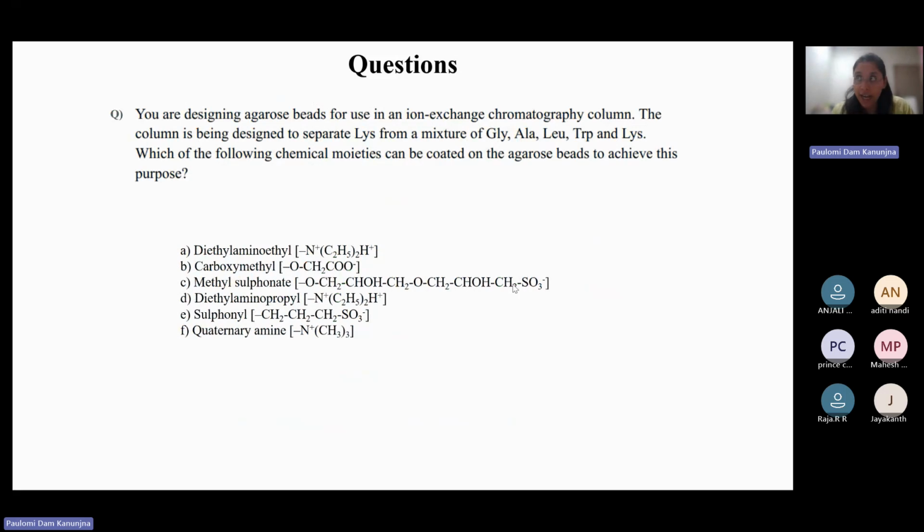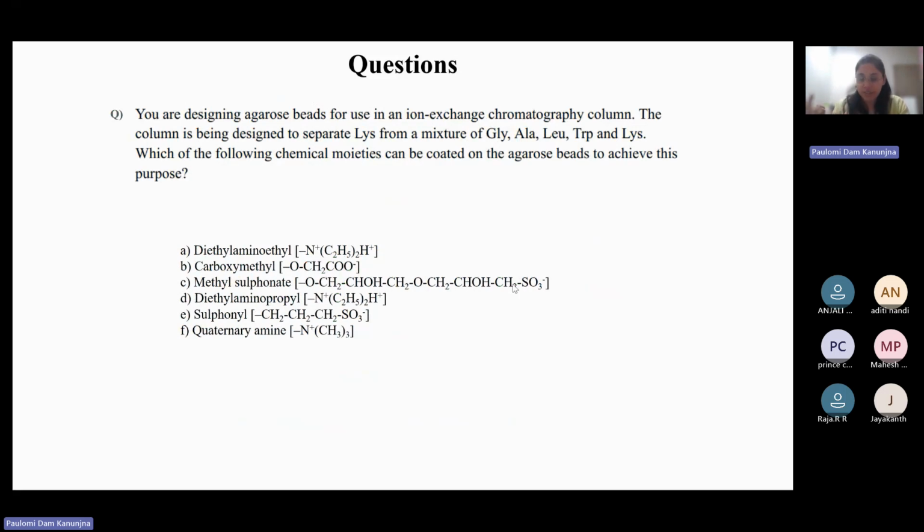So if I am doing ion exchange chromatography, what charge should be on my polymer in the matrix, basically? Negative, right? So your polymer should be negative. Your protein is positive. Your amino acid is positive. Yes, BCE. It makes sense, right?